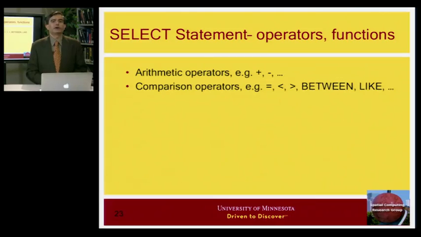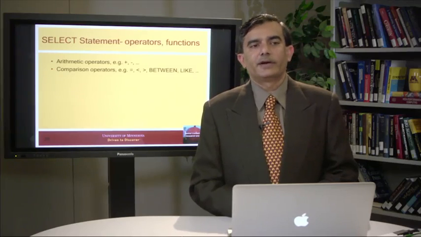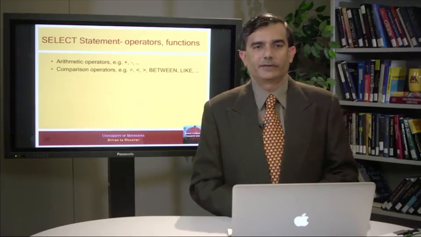In addition to the conventional comparisons like equal to, greater than, less than, the select statement also has a few more which are in some sense shortcuts, such as between. Between is a shortcut for a combination of 2 conditions. So if we say population between 100 million and 500 million, that's a shortcut for saying population greater than 100 million and population less than 500 million.